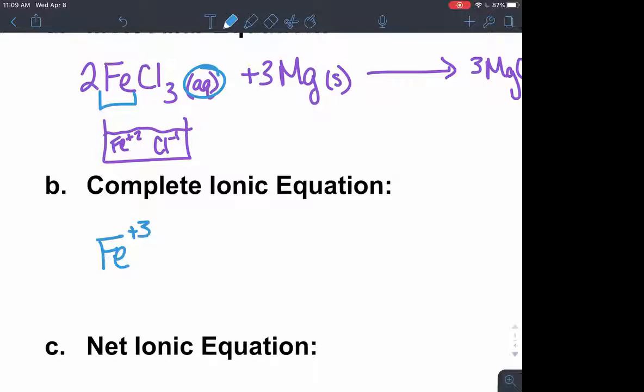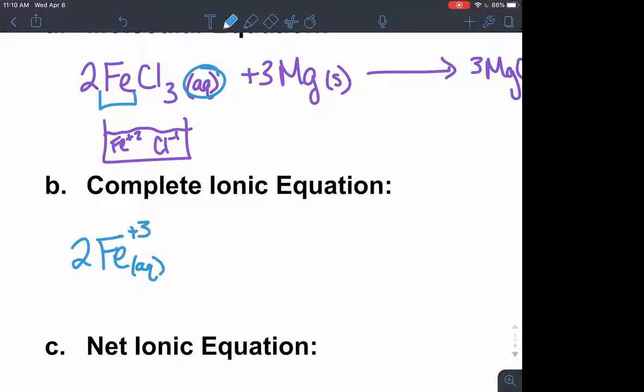And how many irons did I have in that compound? With the balance or without the balance? With the balance. 2. So we're going to put a 2 in front because we still have to have a balanced number of ions all throughout the entire equation, even though now they're separate. So we write our Fe with our plus 3, still an aqueous solution.